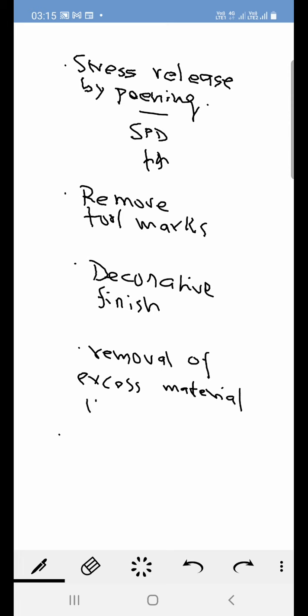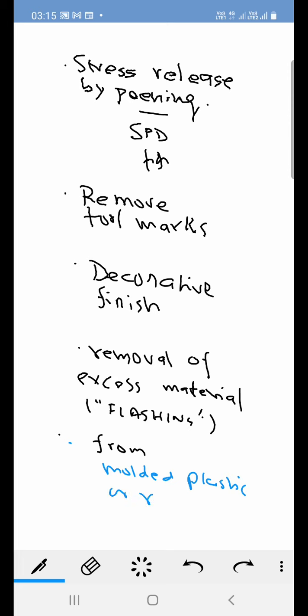The process is called flashing. It removes excess material from molded plastic or rubber.